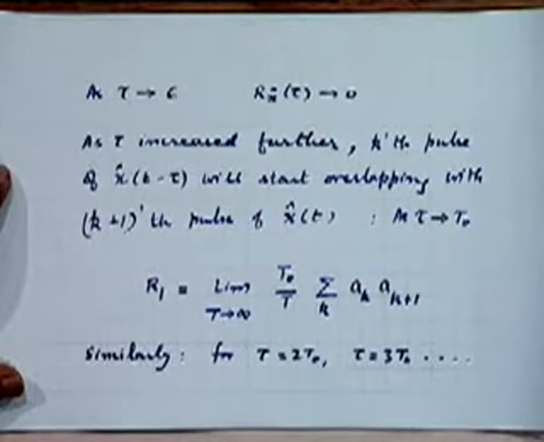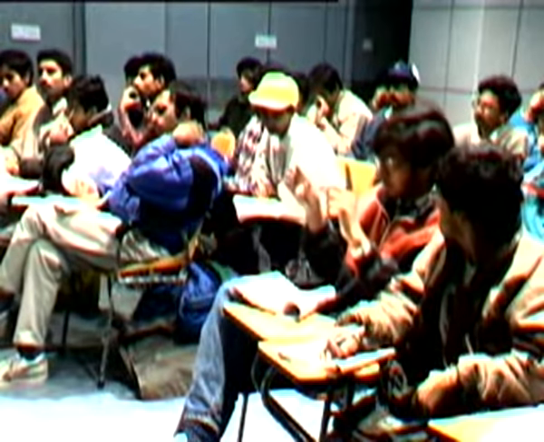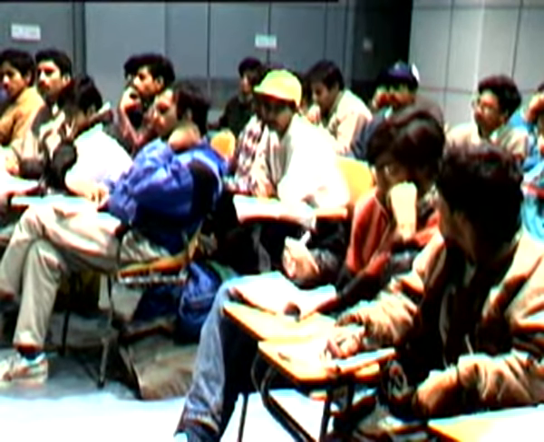As you approach the next period, the overlap first increases gradually, becomes maximum, and then starts to decrease. It will be tau minus k t0 only. I'm only talking about the shape. Obviously, each of these triangles is centered around tau equal to n t0.